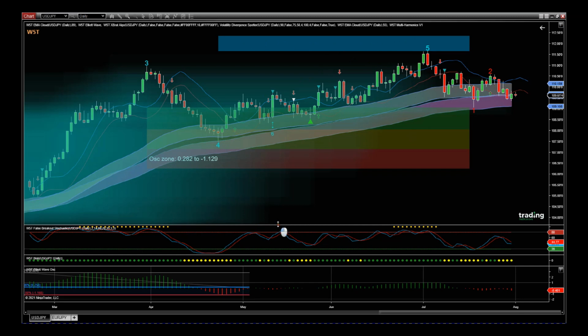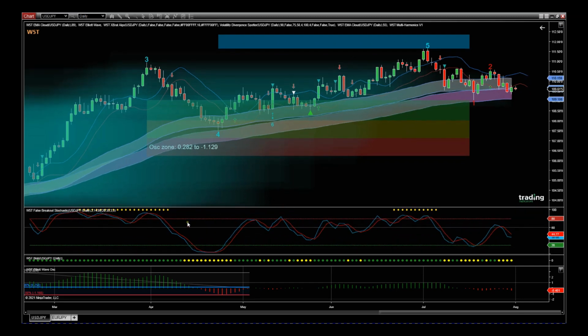The next thing is we look down at the subcharts. The top subchart is a false breakout stochastic. You see the yellow dots there. That represents a very strong bullish move during that wave 3. What's happening is the stochastic's trying to come back out of that overbought zone, but it fails and turns back up again, and we're getting those false breakouts.